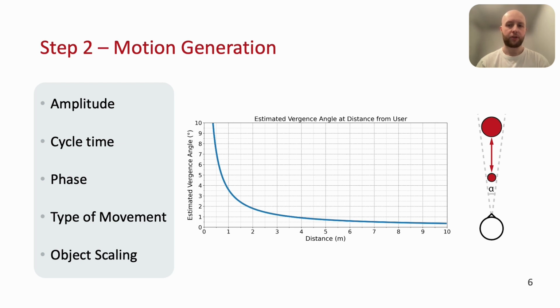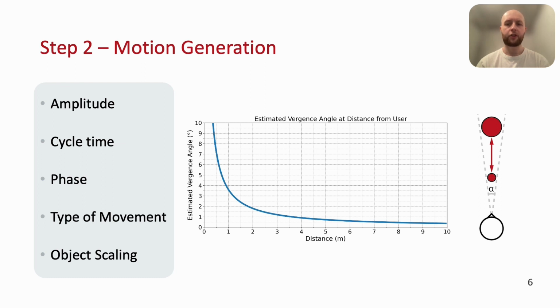As Vergence movements are one-dimensional, they are defined by the following characteristics. First, the amplitude of the Vergence eye movement is non-linearly correlated with object distance. This means that you require larger motion amplitude for distant objects to induce the same Vergence movement. To account for this and aid matching, object distances are translated into the expected Vergence angle.